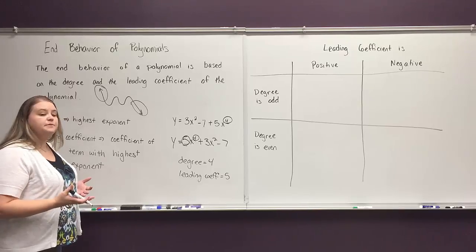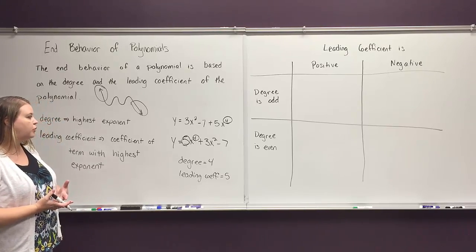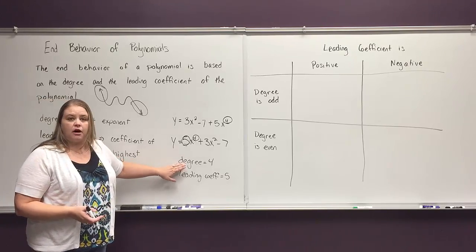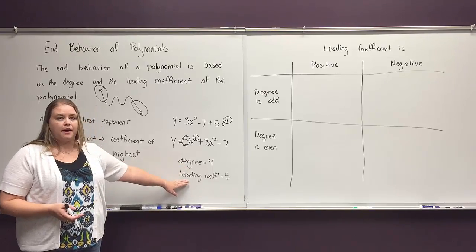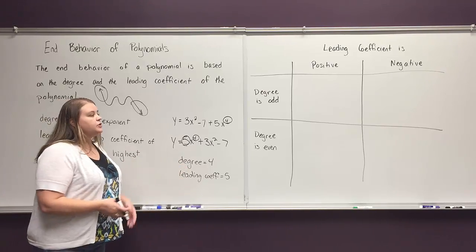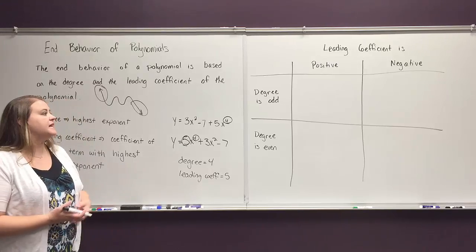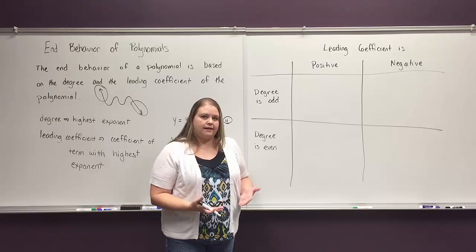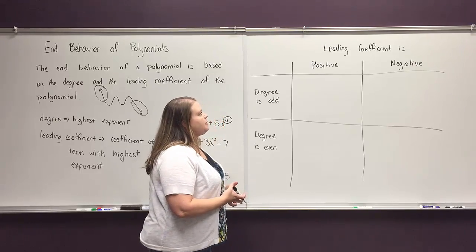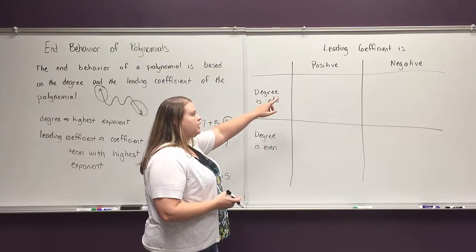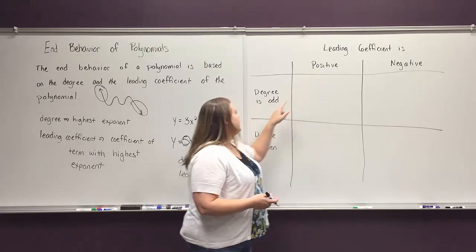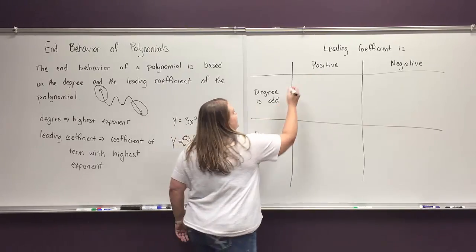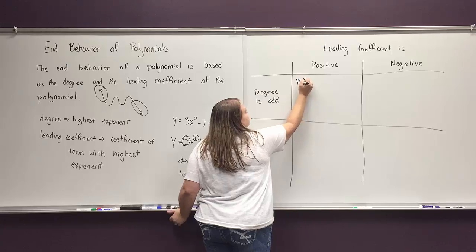And so to find the end behavior of a polynomial, we're concerned with, is the degree even or odd? Is the leading coefficient positive or negative? And so to determine how that affects the end behavior of a polynomial, it helps to think about our most basic examples. So if we think about our most basic example where our leading coefficient is positive and our degree is odd, well, that would be y equals x.